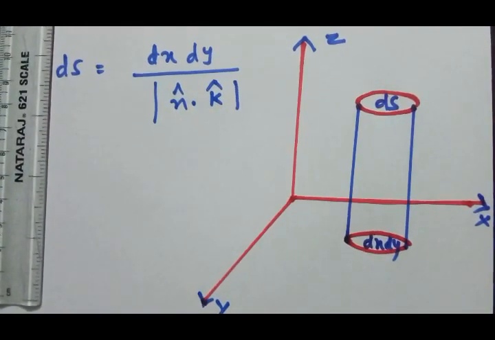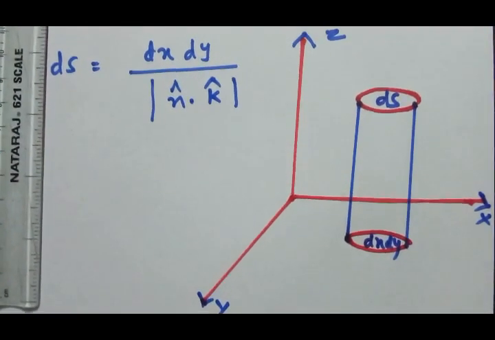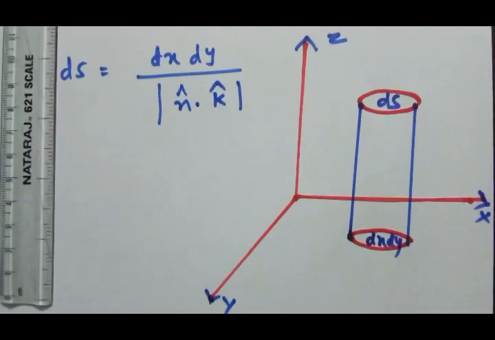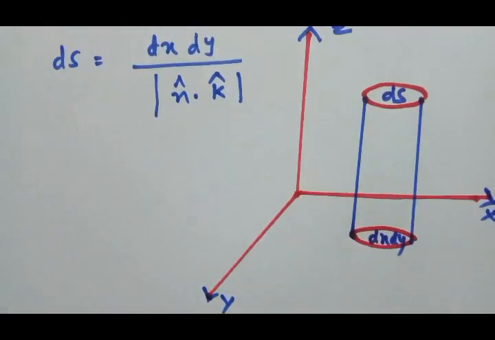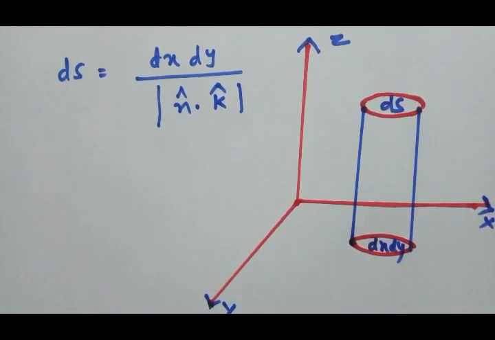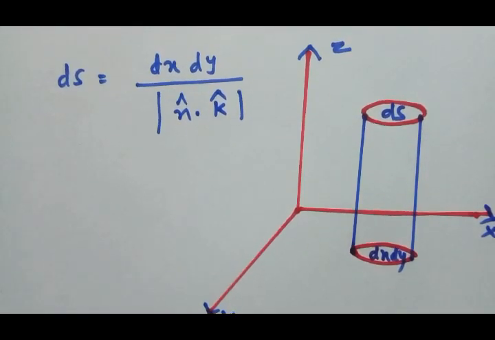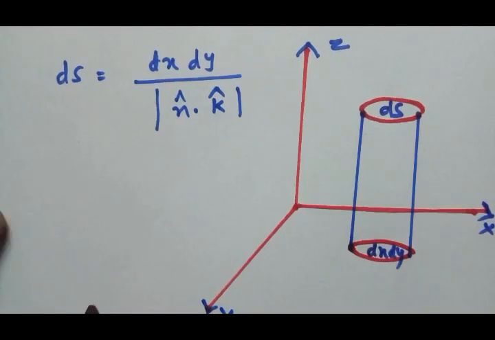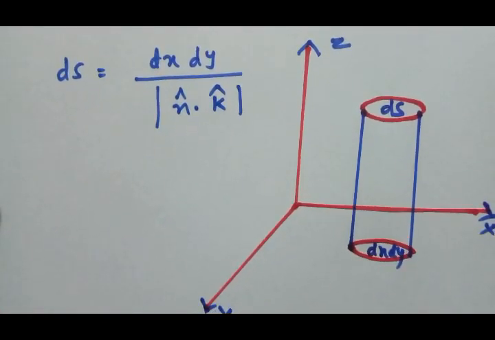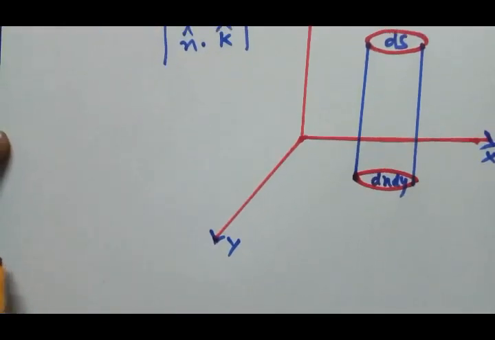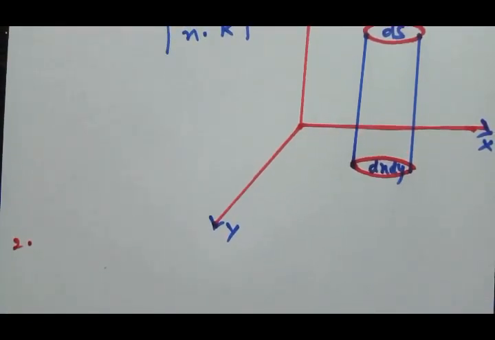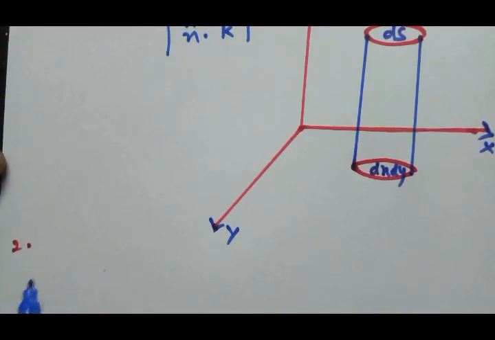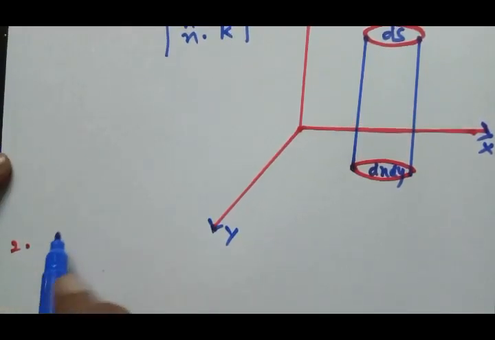We are considering the projection of S onto the xy plane. Then ds becomes dx dy by modulus of n cap dot k cap. There are proofs for all these facts, but we need not derive them. We just use these facts in the evaluation of surface integration.